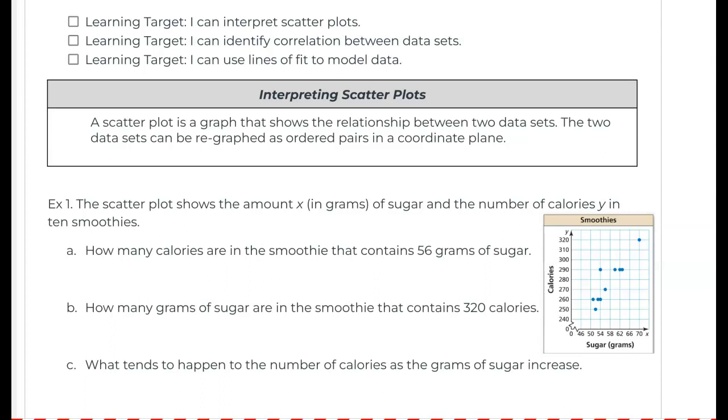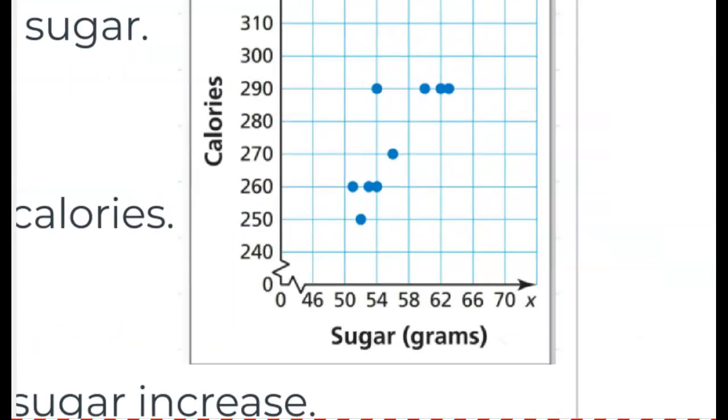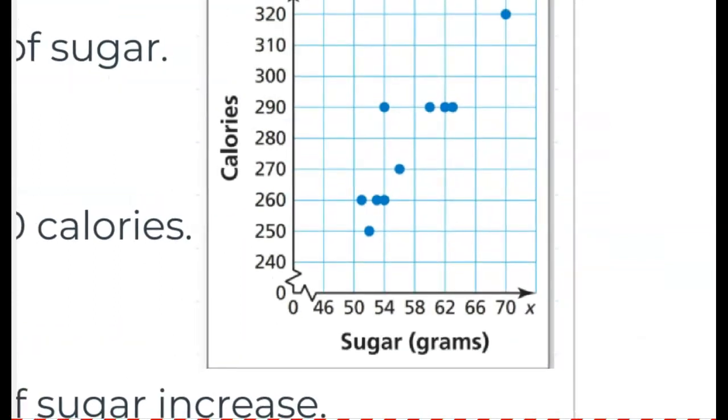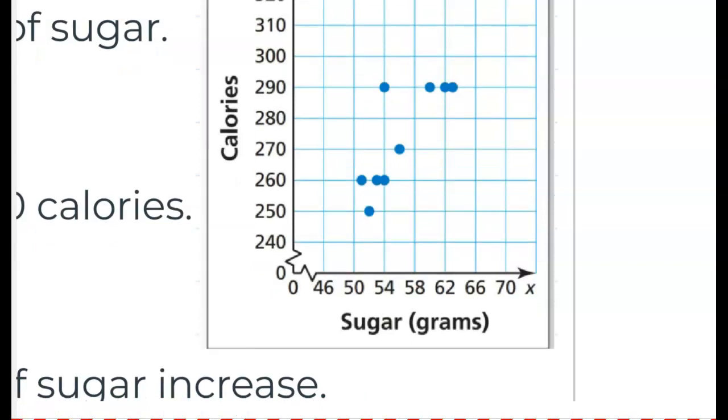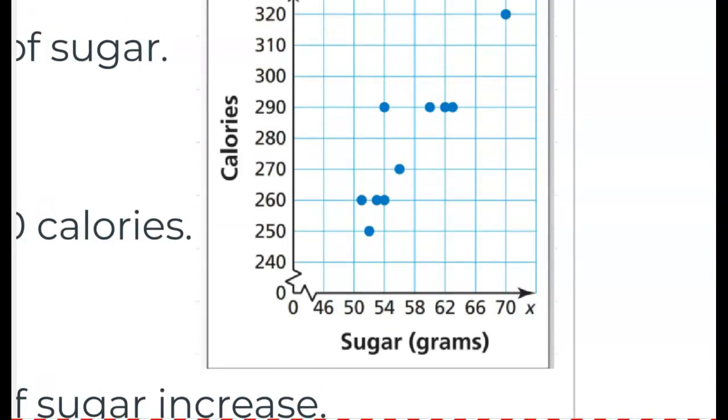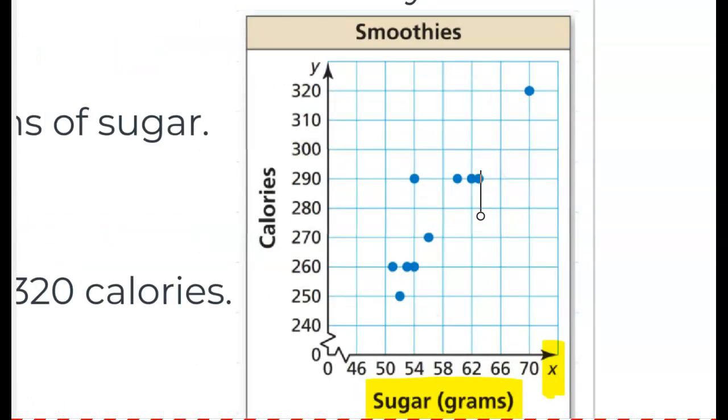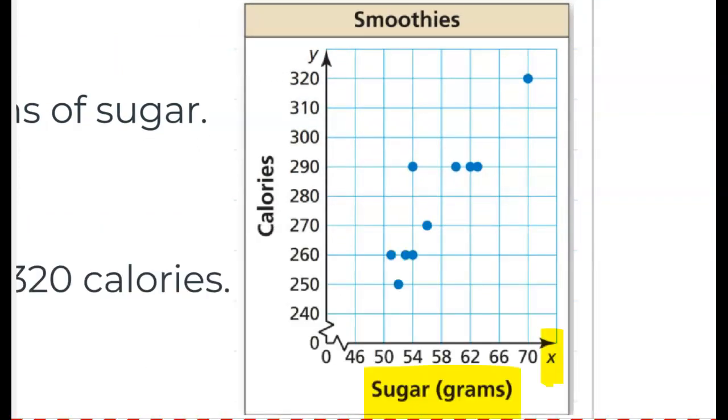So let's look at the graph here first. You can see how we were talking about our x-axis, the one that goes horizontally. We have sugar in grams, and that's our x value. And then our y-axis is calories.